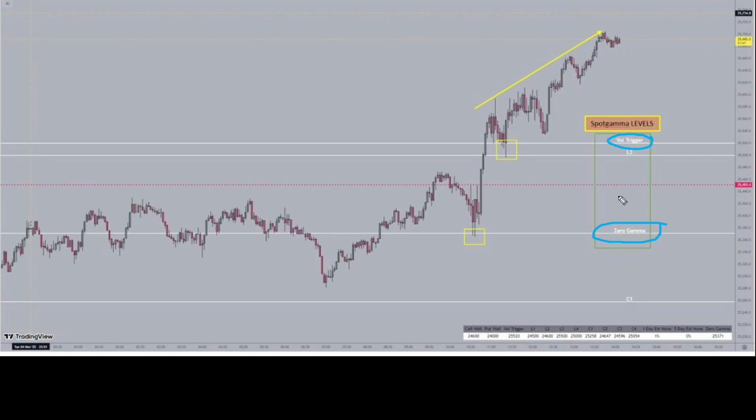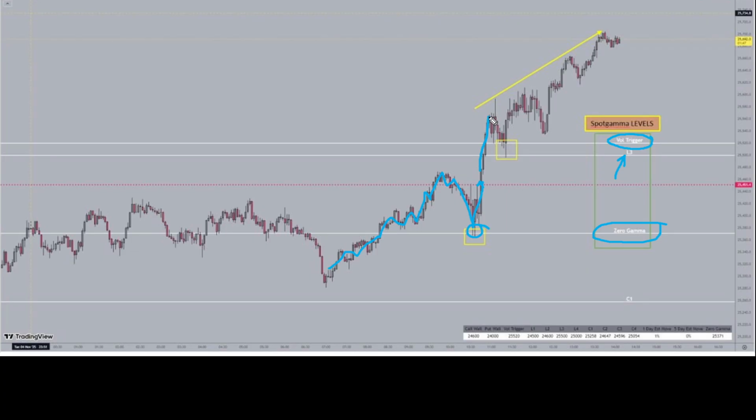For example, here, price is going and making a higher high, but then goes down and takes the zero gamma and goes higher from zero gamma to L3. Remember that L3 is the third important large gamma.